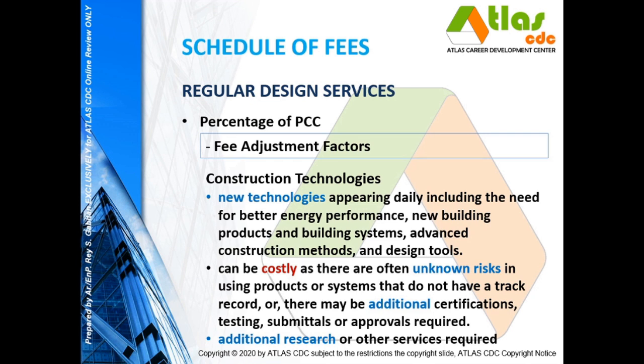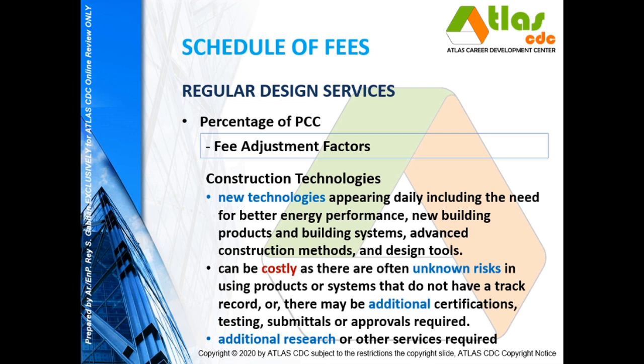Using new construction technologies for the project can be costly sometimes, as there are often unknown risks in using products or systems that do not have a track record, or there may be additional certifications needed for that new technology, testing, submittals, or approvals required. And since that will be new and the architect may not be familiar, additional research or other services may be required to make use of that particular new technology.